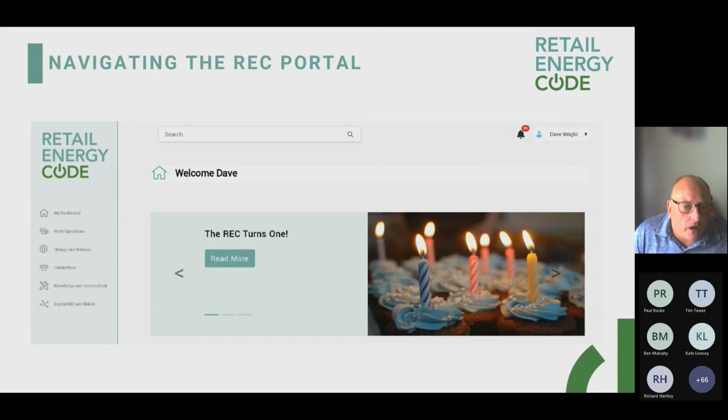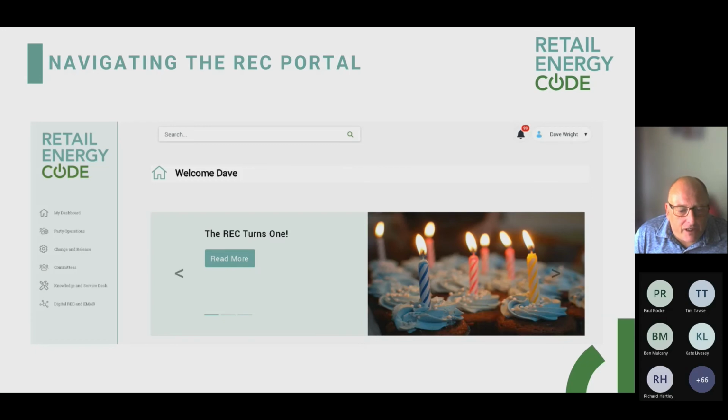The knowledge base on there is really good. It contains wikis, podcasts and all sorts of things about the REC. If anybody's never had a chance to have a look, it is worth a visit, if you've got questions, to increase your knowledge.